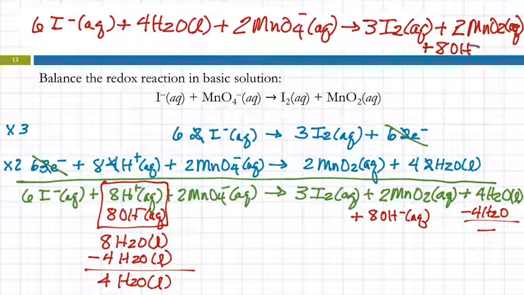Plus 8 hydroxides. These can get kind of long. I'm going to fix this too because that doesn't look very good. So there's my balanced equation. Any questions?